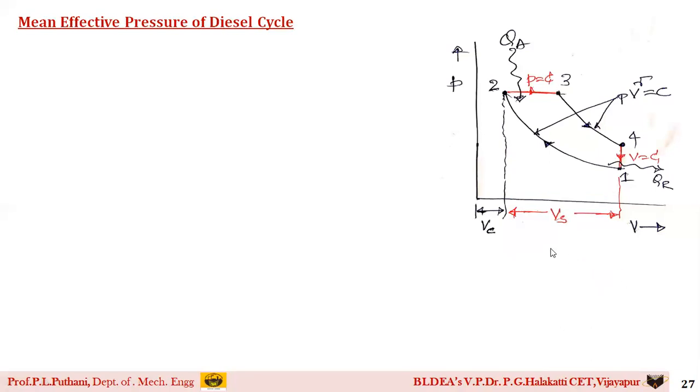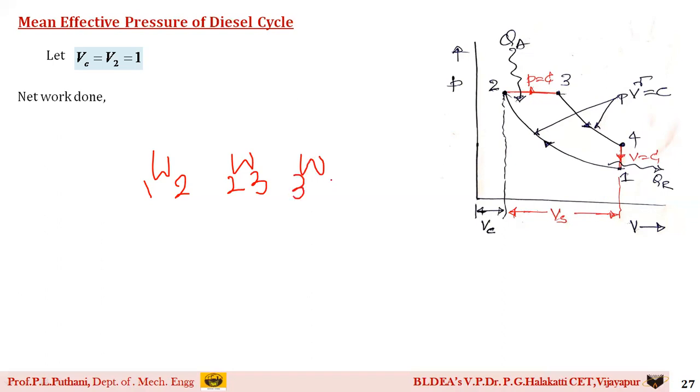Now, moving ahead. First, we make an assumption that the clearance volume Vc is equal to V2 is equal to 1. It's our assumption. Then for the net work done, we are going to write the work done equation for all 4 processes. Which are the 4 processes, students? The first process is W1 to 2, then W2 to 3, then W3 to 4, and finally W4 to 1.